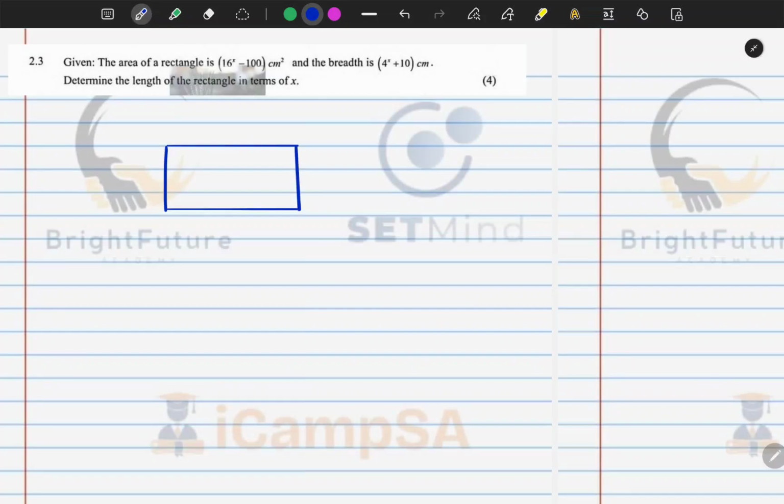And they are saying the area of it, so the area of this rectangle, everything in here, the area is 16 raised to the power of x minus 100 centimeters squared.